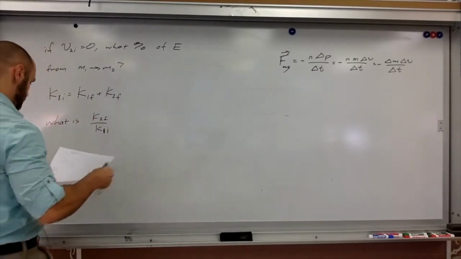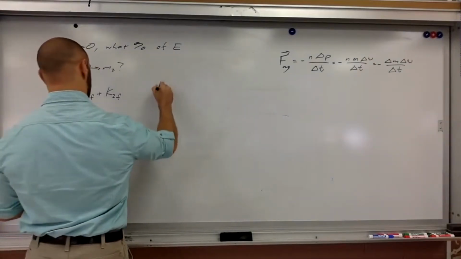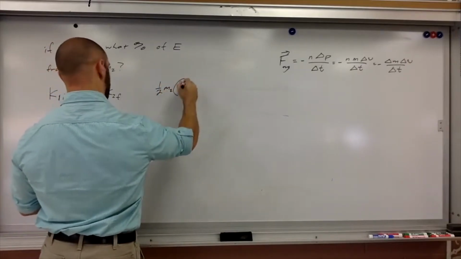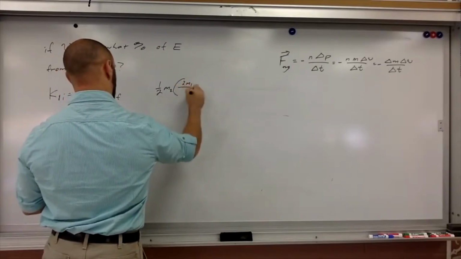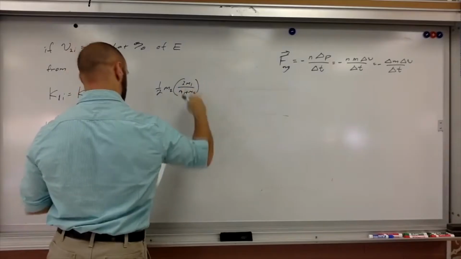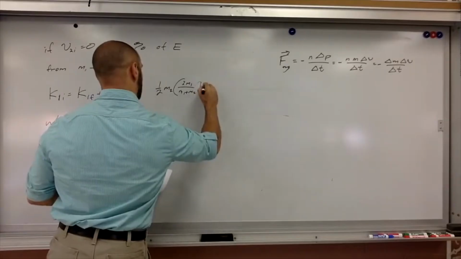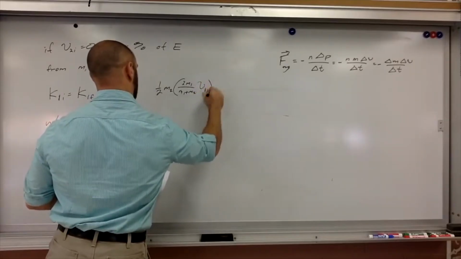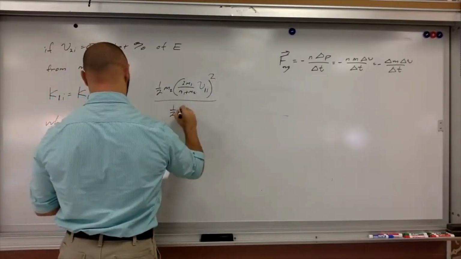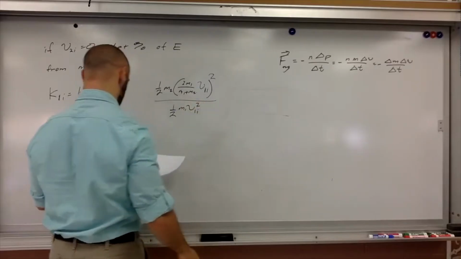All right, so let's take a look. K2F is going to look like this: 1/2 m2, and then for the final velocity we can plug in what we had before, m1 over m1 plus m2 times v1I squared, over 1/2 m1 v1I squared. So some things cancel out.